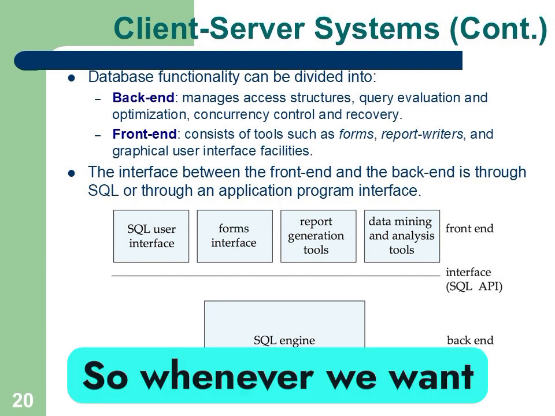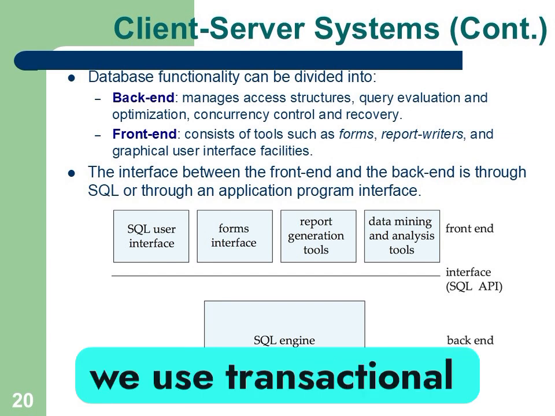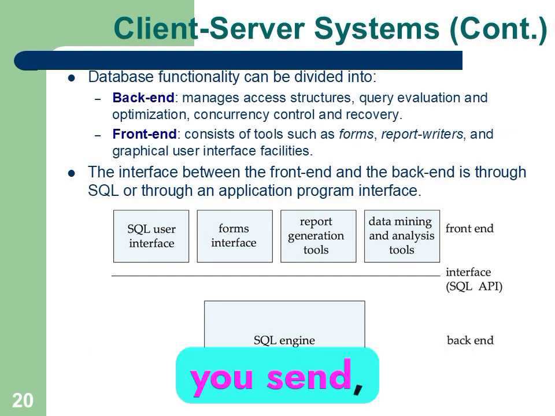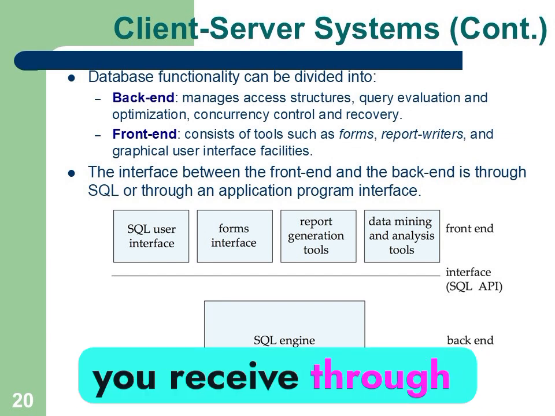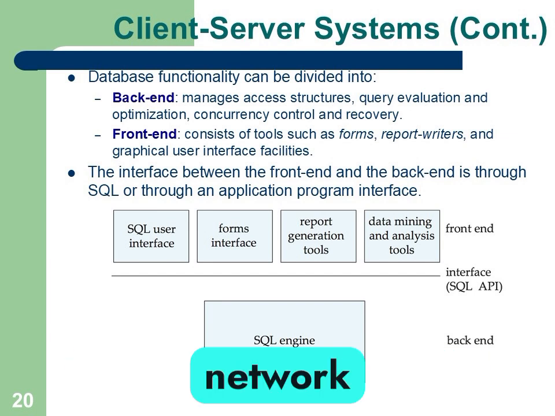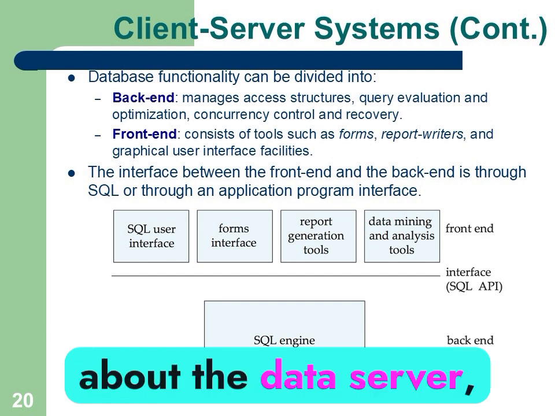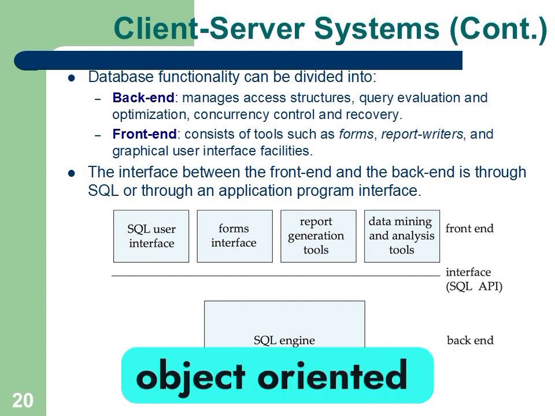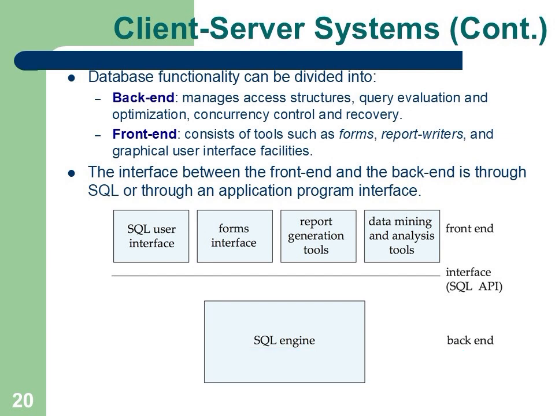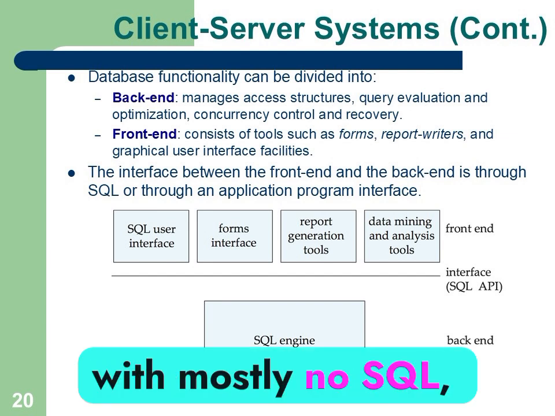So whenever we want to use relational databases, we use transactional servers, in which you send and receive through the medium of a network, and then the SQL and the application. When we talk about the data server, this uses what we call object-oriented databases, and here you work mostly with NoSQL.